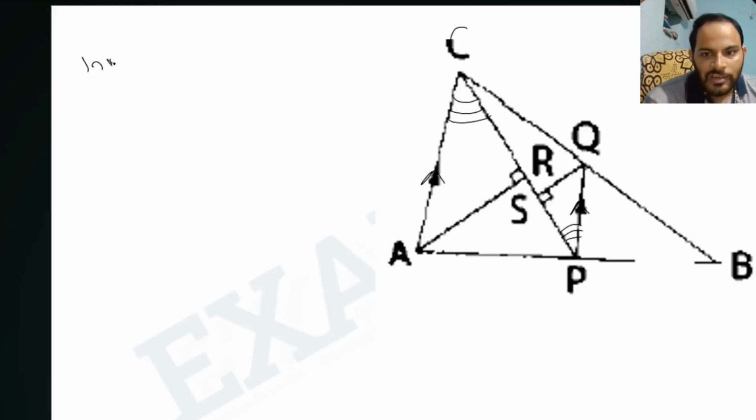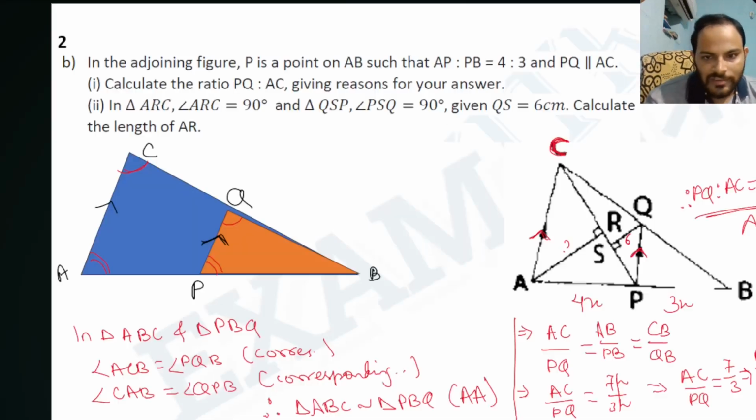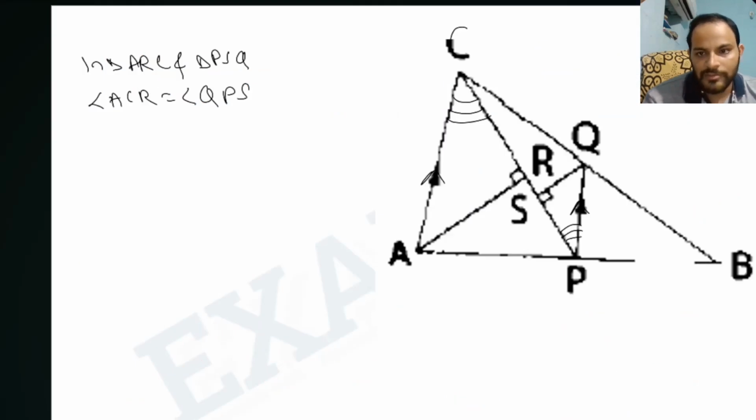So just write it. In triangle ARC and triangle QSP, angle ACR equals angle QPS. You need to follow the naming carefully. The name was QSP, I wrote it wrong. So ACR is equal to QPS.